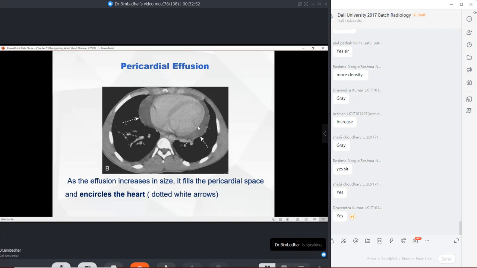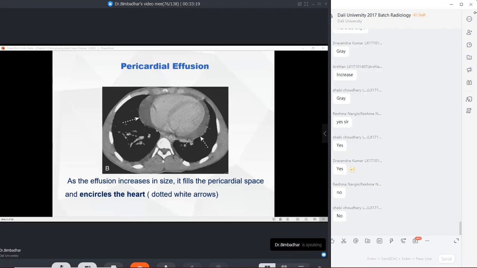But do not confuse yourself that this overall thing is the diameter of the heart. No, this is not the diameter of the heart. The real diameter of the heart is this hyperdensity that I'm looking at. So is there any real cardiac enlargement? Is there any real cardiac chamber enlargement?